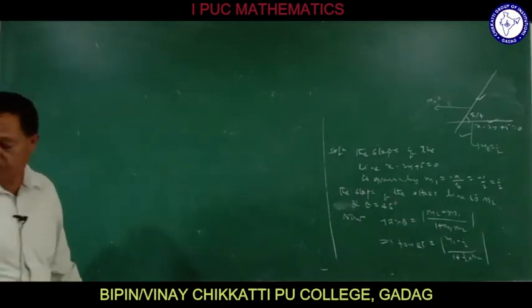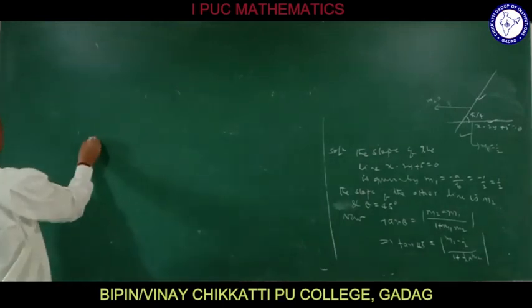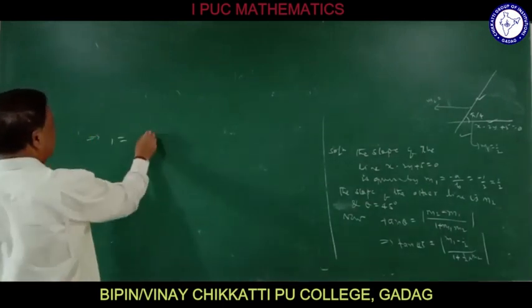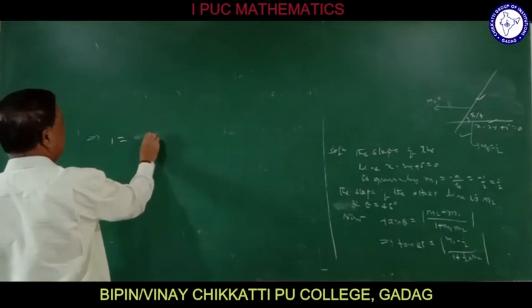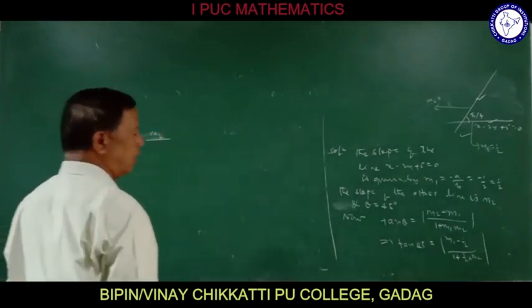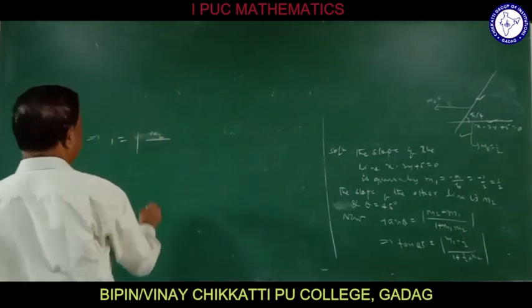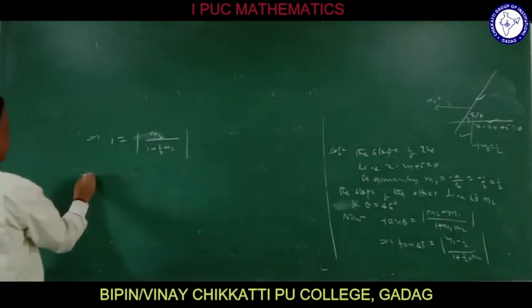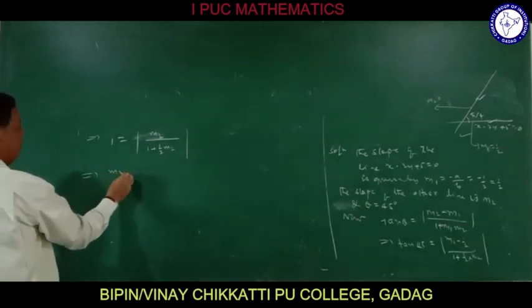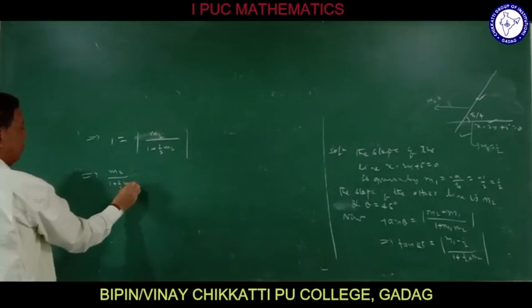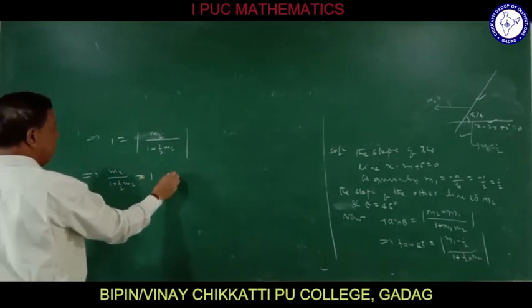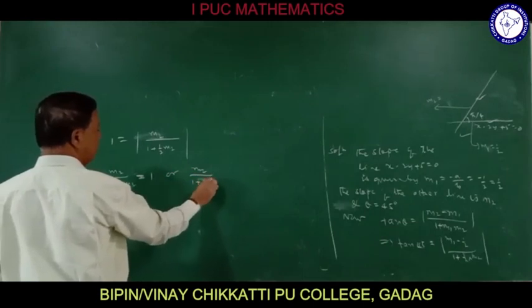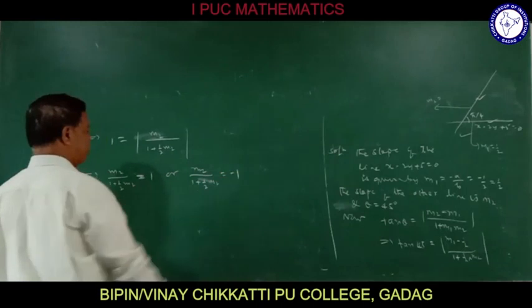The tan 45 value is 1, so 1 is equal to m2 minus 1 upon 2 divided by 1 plus 1 upon 2 m2. Or that divided expression is equal to minus 1.